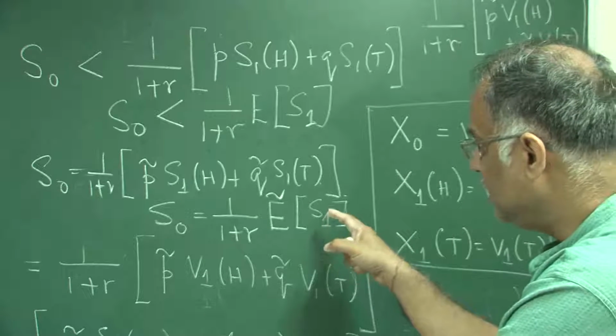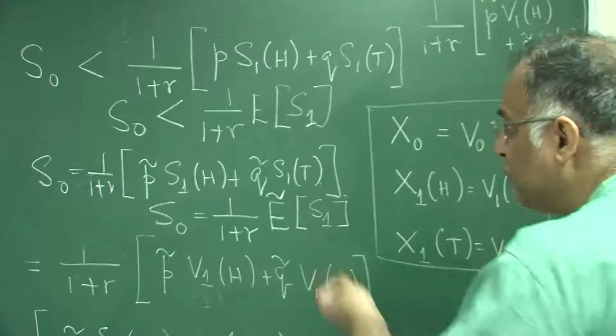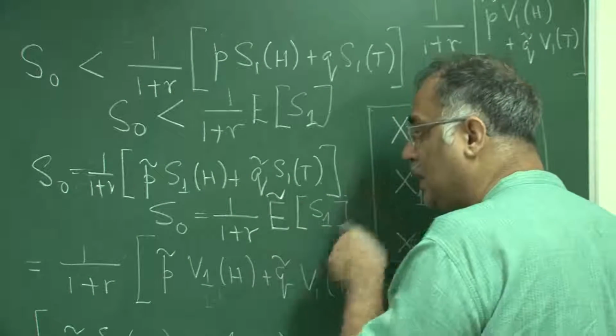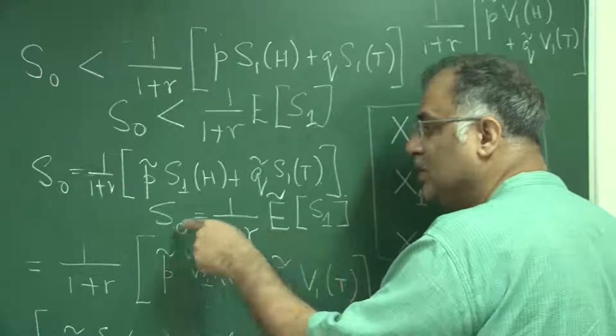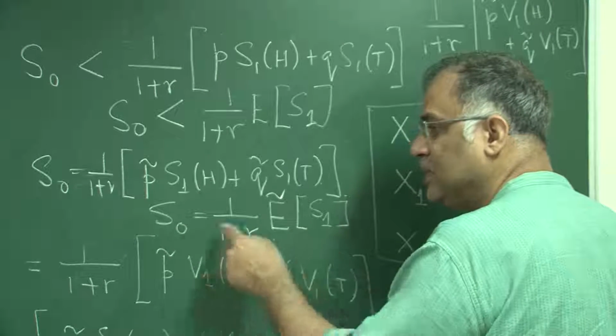So this is the expectation under the risk neutral probability. Risk neutral probabilities are those probabilities under which the discounted expectation remains the same.